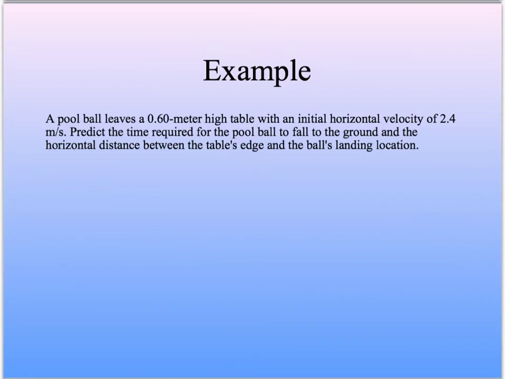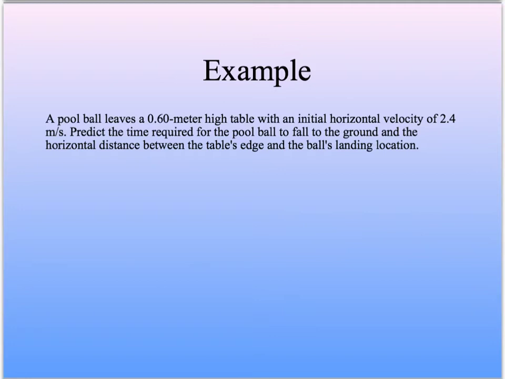All right, let's look at an example where a pool ball leaves a 0.6 meter high table with an initial horizontal velocity of 2.4 meters per second. Predict the time required for the pool ball to fall to the ground and the horizontal distance between the table's edge and the ball's landing location. So this question comes in 2 parts.